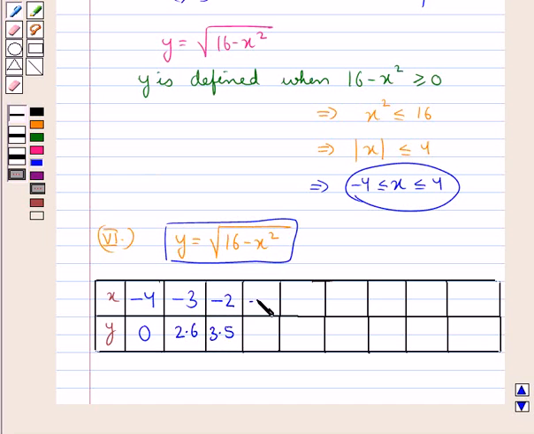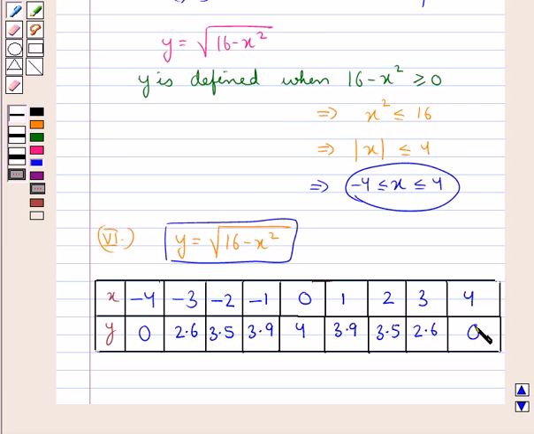For x equal to minus 1, the value of y that we obtain is 3.9. For x equal to 0, the value of y so obtained is 4. Then for x equal to 1, the value of y is 3.9. For x equal to 2, the value of y is 3.5. For x equal to 3, the value of y is 2.6. For x equal to 4, the value of y is 0.